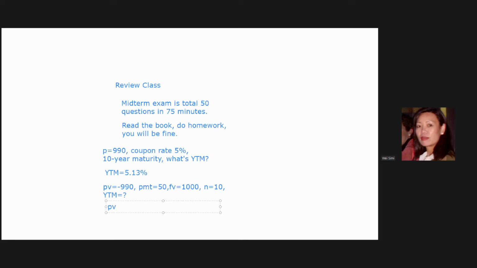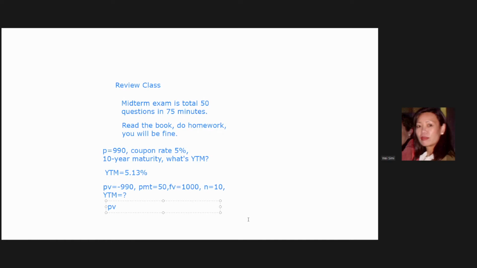One more question. Why is present value negative 990? Because you input it in your calculator. Negative means you take money out of your own pocket to invest in this bond, so you pay out 990. Then the coupon comes in, and then your 1,000 comes in. So you tell the calculator the cash flows go in different directions, and that's how you get an accurate number.